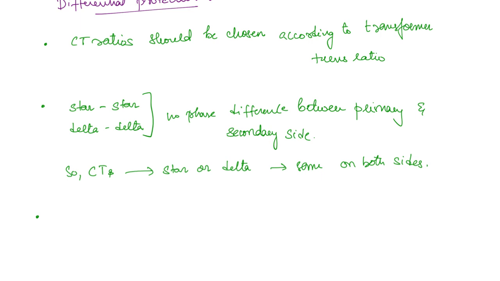But if it is a star delta transformer, then there is going to be a slight change. We know that in a star delta transformer, the phase difference is going to be 30 degrees. The primary side and the secondary side values are going to be out of phase by 30 degrees.